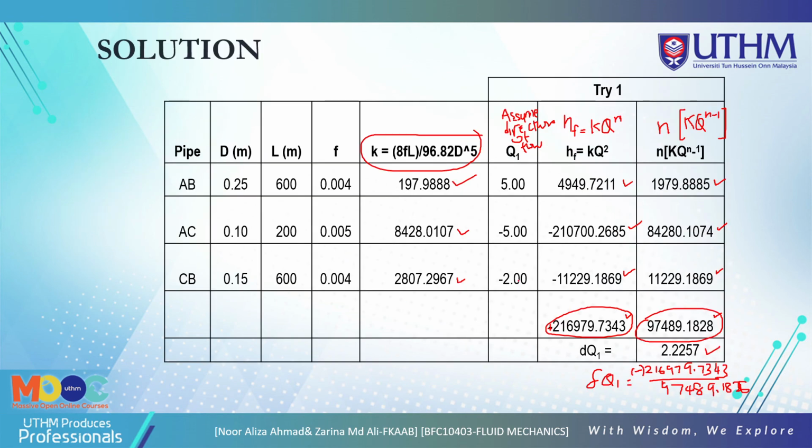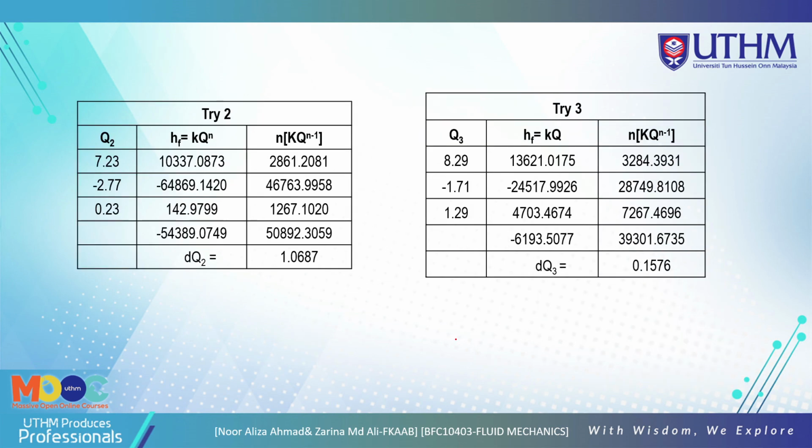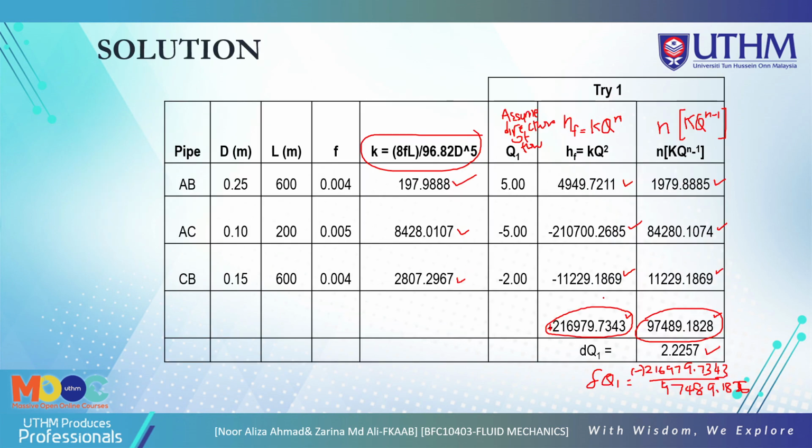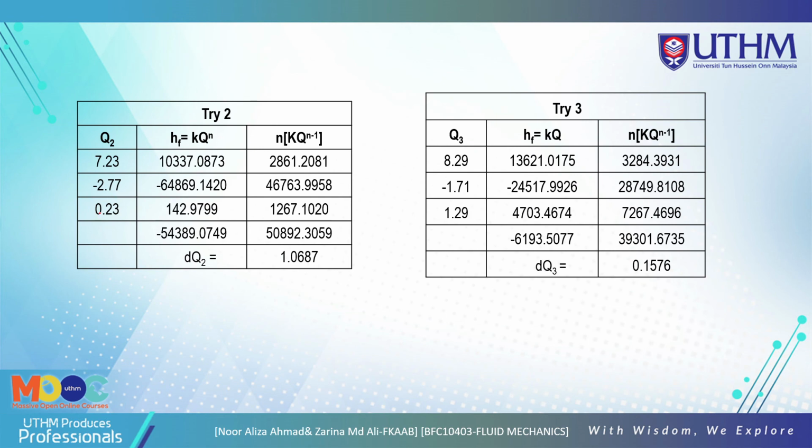And negative 5 plus 2.23 here, so you get negative 2.77. And the negative 2 here plus 2.23, so you get the value of 0.23.